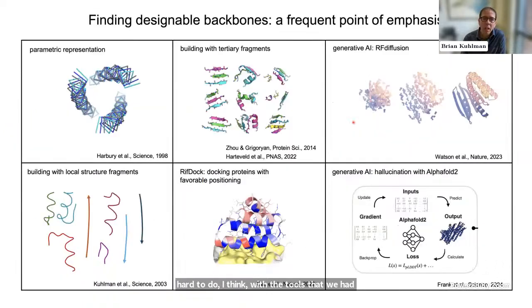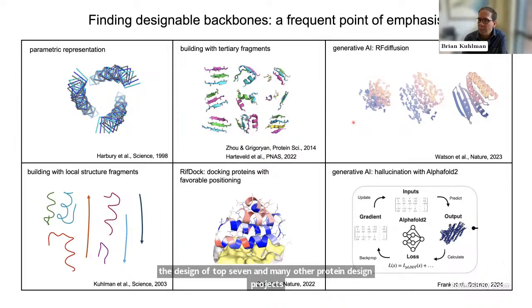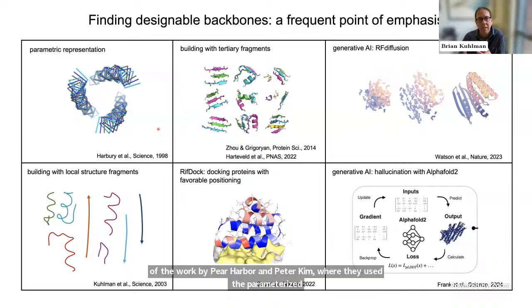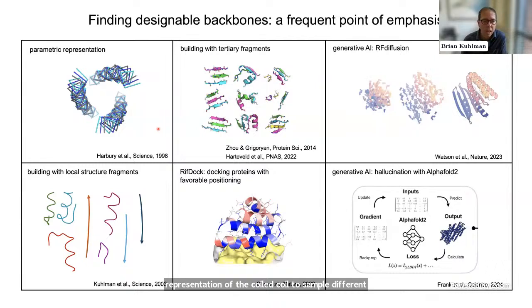The other thing that was really important in the design of Top7 and many other protein design projects is that it's really important to start with a designable backbone. Over the years, a variety of methods have been explored for doing this. This includes some of the work by Pehr Harbury and Peter Kim, where they used the parameterized representation of the coiled coil to sample different coiled coil backbones to search for ones that were designable.